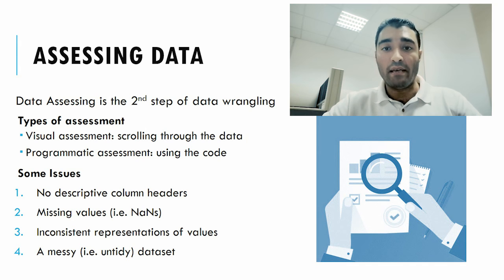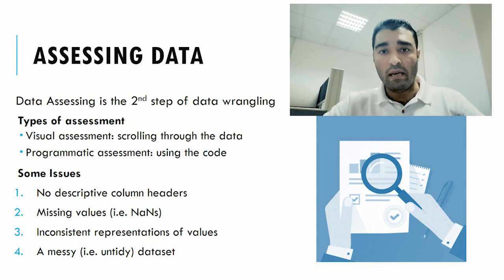But if you have a big data set, thousands of records, hundreds of columns, in this case it's so difficult for you to use visual assessment. So the preferred way is to use programmatic assessment by using Python. We will talk about this. We have many examples of the issues.